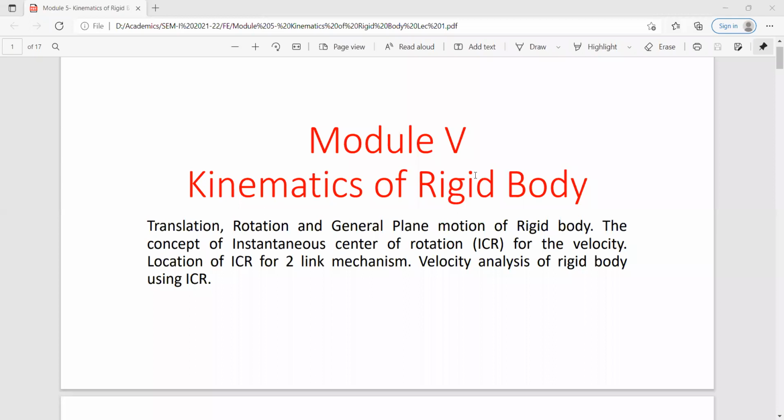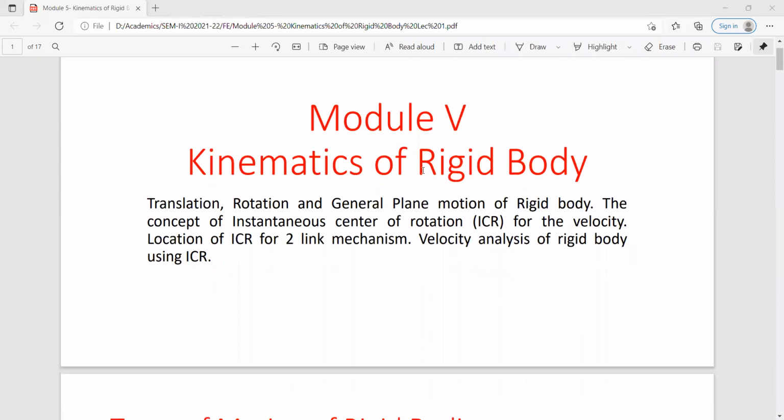So let us see, even in this particular module, we are interested only in the motion of the body. Okay, motion of the body.